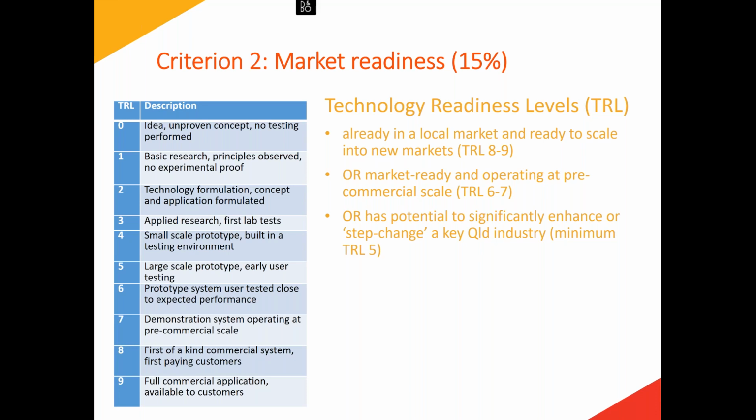Just by way of quick background for those of you who haven't seen it before, as Paul said, NASA came up with this concept, and the reason they came up with it was so that they could get different groups that were working on technologies to have a common language in terms of how ready the technology is. So the whole thing with this is to aim as a minimum of a TRL 5, and it's probably a really useful initial screen for yourselves as to what your chances of success are.